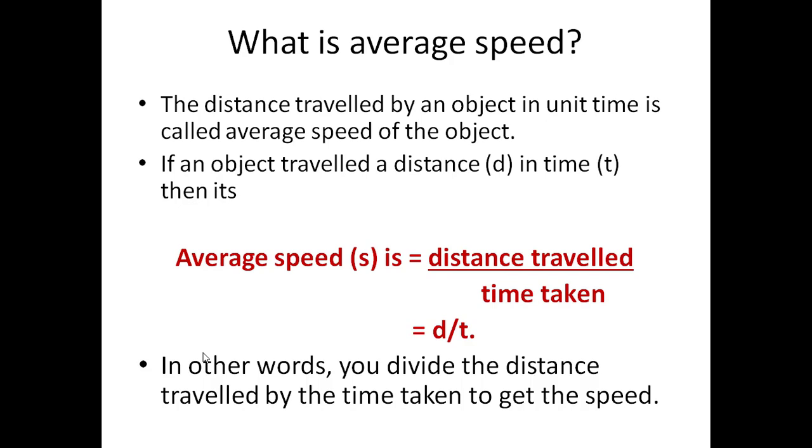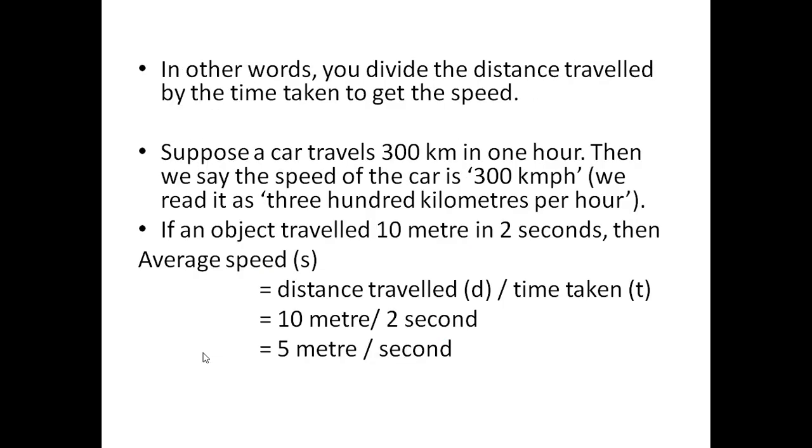In other words, you divide the distance traveled by the time taken to get the speed. Suppose a car travels 300 km in 1 hour. Then we say the speed of the car is 300 km per hour. kmph is read as kilometers per hour.